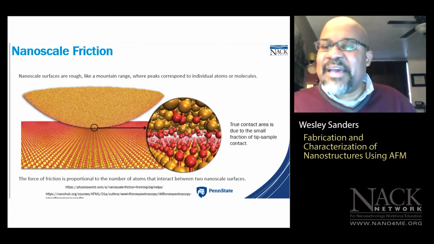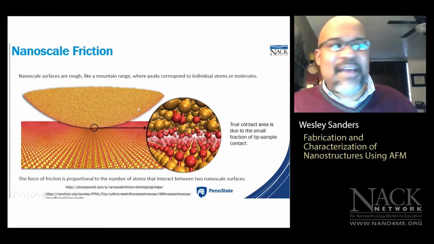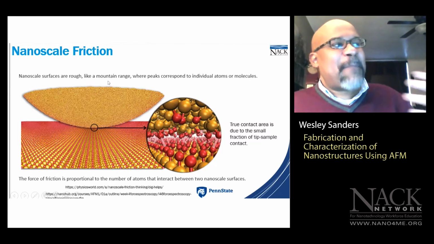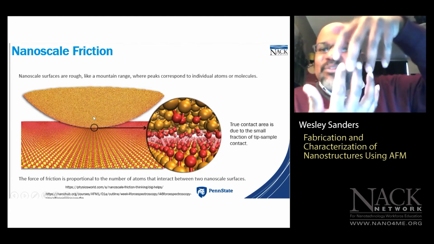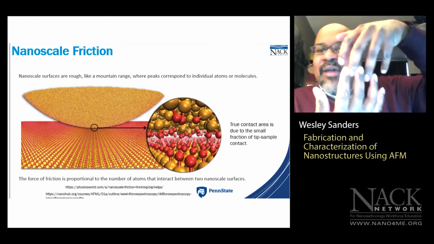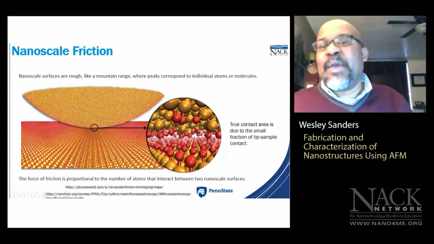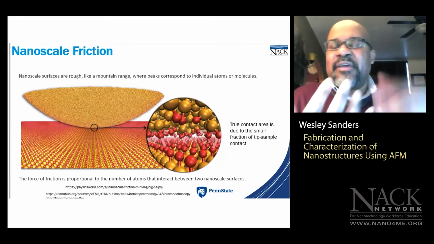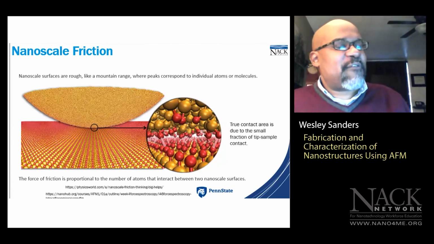But if we look at the tip and our sample of interest on an atomic level, we'll see that the atoms or molecules actually resemble a mountain range, right? And so the contact between these two mountain ranges, between the tip and the sample, is what leads to friction. And we're able to quantify and image and measure the interaction between the mountain ranges by using lateral force microscopy.